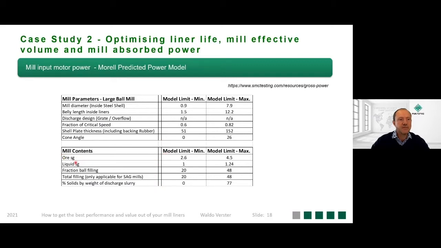Your ore SG, liquid SG, fraction of ball filling. Just a correction here, your fraction of ball filling does play a significant role in the input power, but you will know this. You've got good control over this and you can specify this accurately. Your total filling, if it's a SAG mill, and then percentage solids by weight of the discharge slurry.